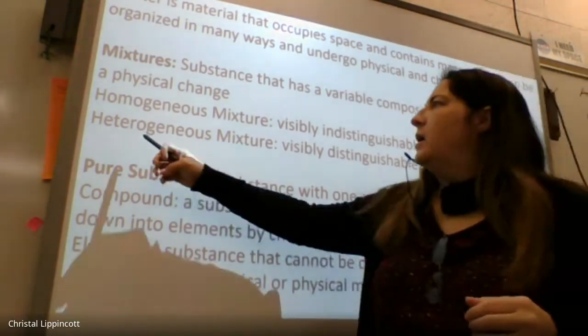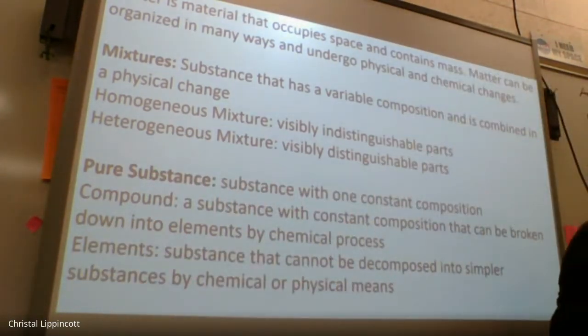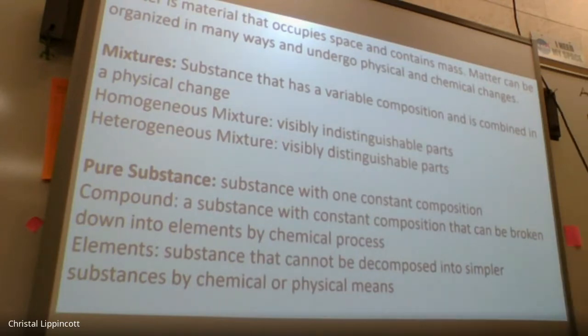All right, heterogeneous then is a mixture where we have distinguishable parts, or certain parts that are very large compared to others. So for example, we could have colloids. With colloids, we have larger particles throughout, suspended in something like water molecules, but they're not so big.